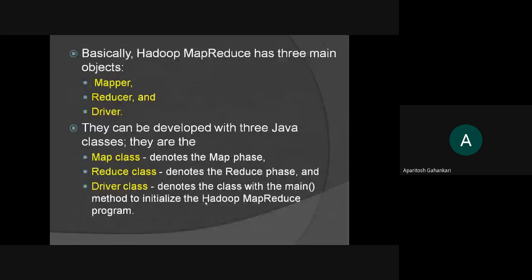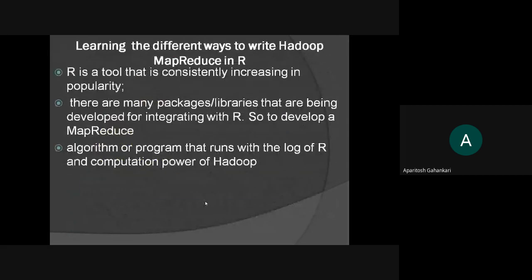These things we have already done. Now, what are the different ways to write the MapReduce in R? So, as you know, R is getting consistent popularity because it has the inbuilt things which are required for the statistical analysis.